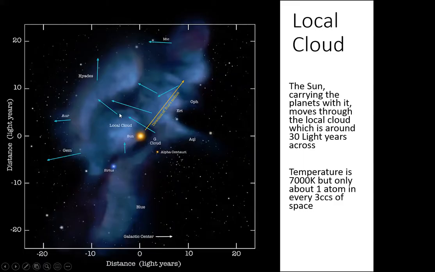So what's with all of this flow from this direction here, from the direction of Alpha Centauri and this way? Well, actually, this is the direction of a constellation called Scorpio, down towards the center of our galaxy.